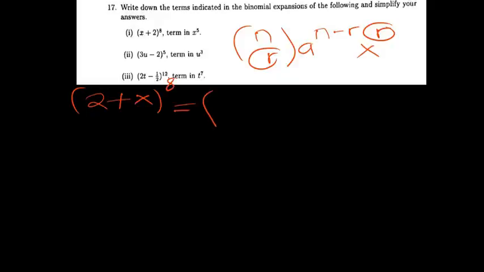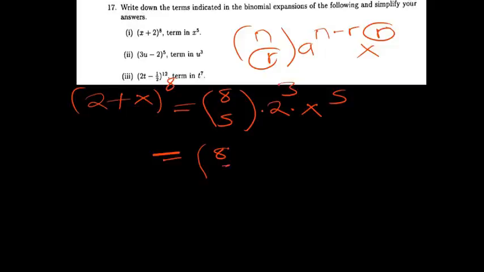So 8 choose r, which is matching up with the power of x, so 5. And then a is 2, so 2 to the power n minus r, 8 minus 5 is 3, and then multiply by x to the power r, x to the power 5. So this is definitely the term. 8 choose 5 multiplied by 2 to the power 3, which is 8, x to the power 5.